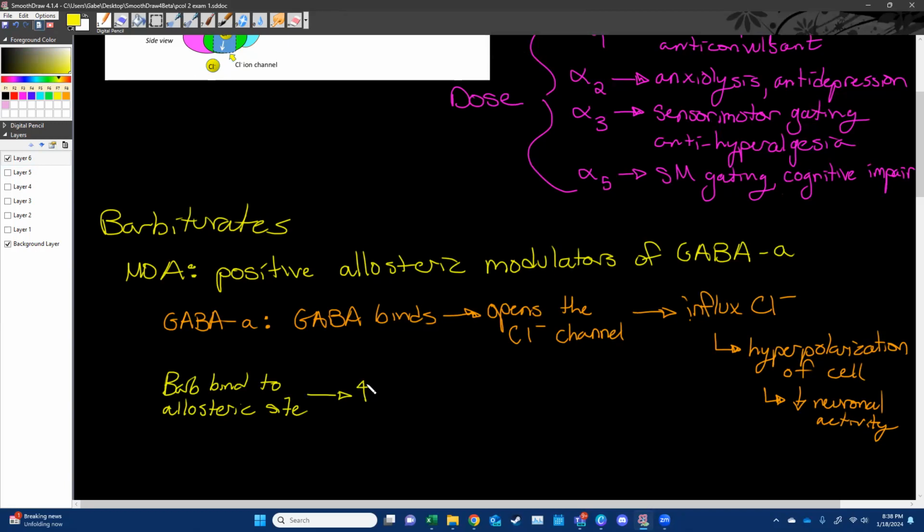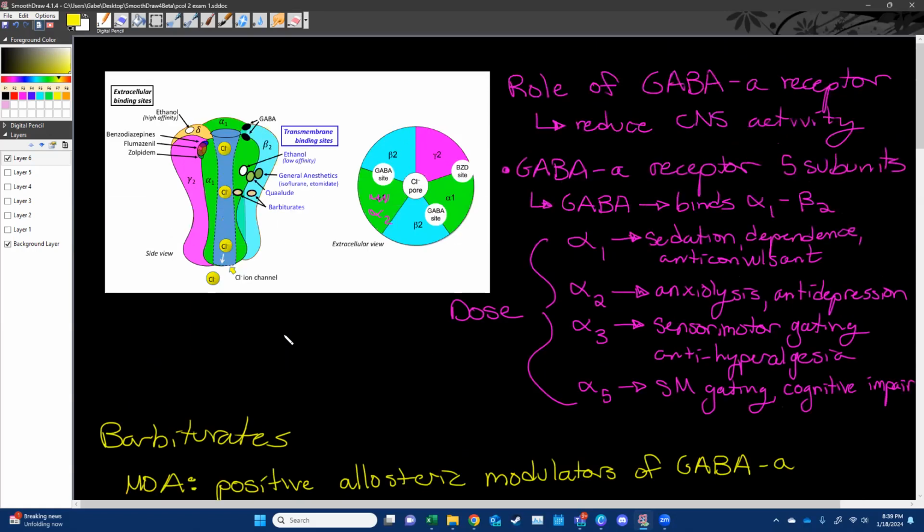And this increases GABA binding to the receptor. So in other words, barbiturates make GABA fit into its binding site much, much better.